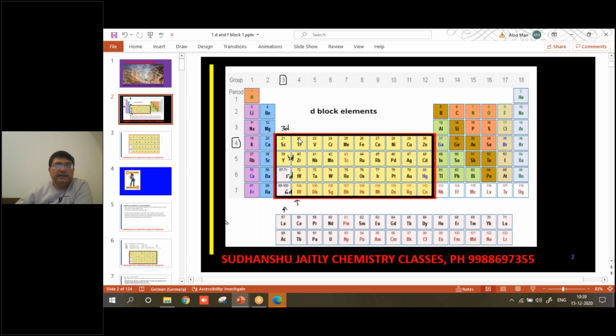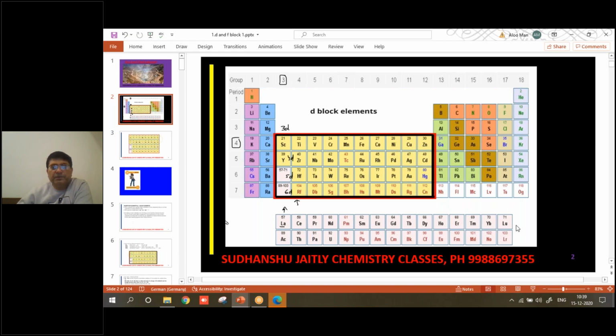So basically, we will be concentrating on the 3d, 4d, 5d transition series in the D block, respectively called the first, second, and third transition series. Then we will be hitting the F block elements, the rare earth metals. They start from the lanthanides, but actually lanthanum belongs to the D block.